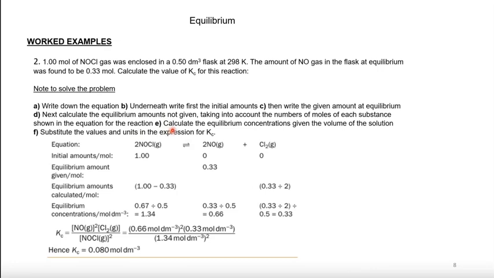Next, we calculate the equilibrium concentrations given the volume of the solution, and finally substitute the values into the expression of the equilibrium constant. If we do so, we can calculate in these 5 steps and find the equilibrium constant of this reaction: Kc is equal to 0.080 mole per dm cube.